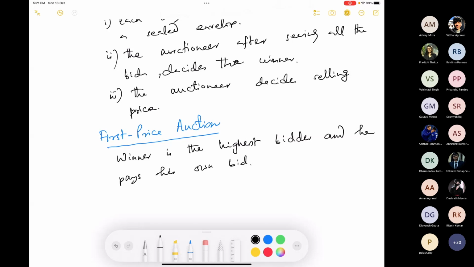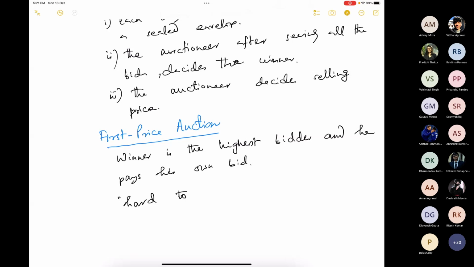Now it turns out that this first price auction is not so easy to reason about. Hard to reason about, hard to study. What do you mean by that?